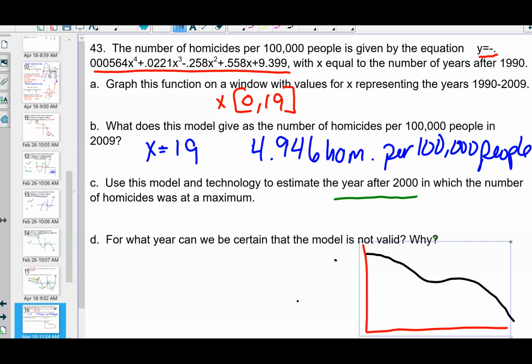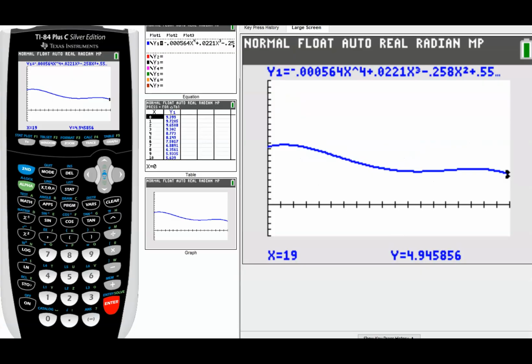So for the maximum after 2000, this is 1990, so I need to look at x equals 0, and about here is where x is 10, and over here is where x equals 19. So after 2000 would be after year 10. So between here, where is the max? The max would be right here. So that's what we need to find on our graphing calculator.